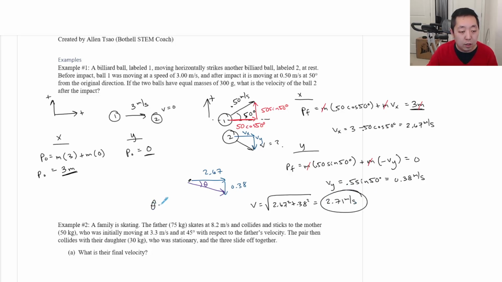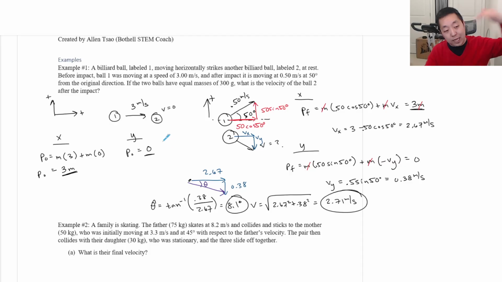And then the angle, because they want to know the velocity, so the direction, you would just say tangent inverse of y over the x value, right? The opposite side over the adjacent side. And I get about 8.1 degrees. Okay, so he's moving down and to the right at 8.1 degrees with a speed of 2.71 meters per second.